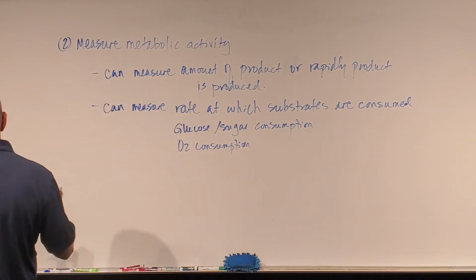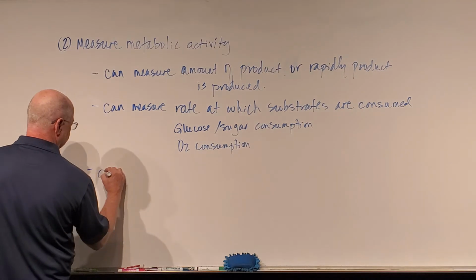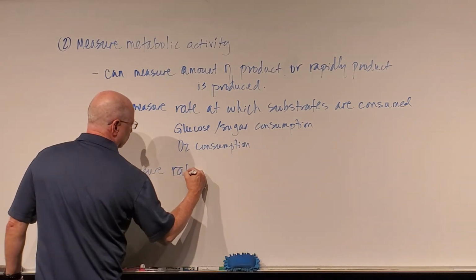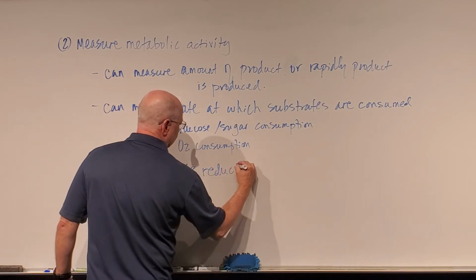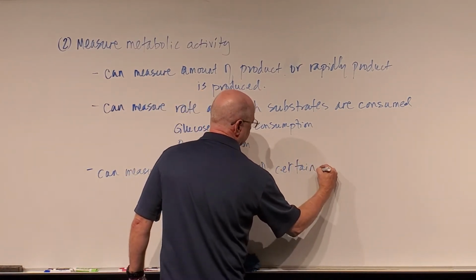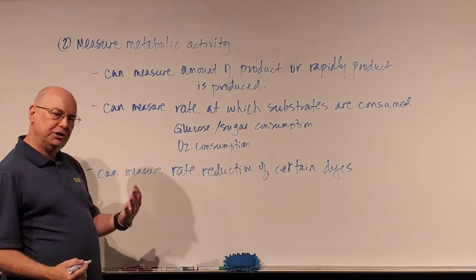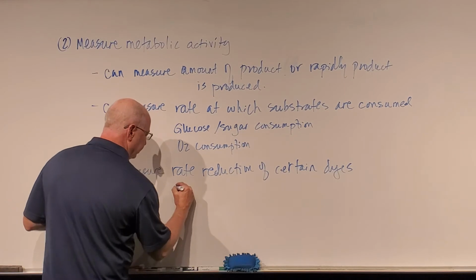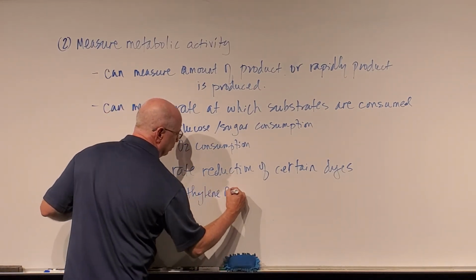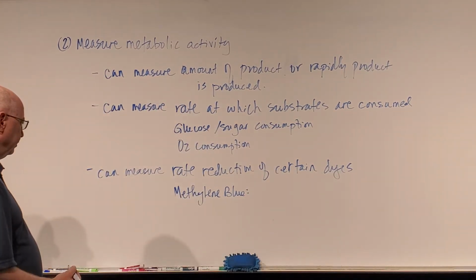And finally, a third thing that we can measure is the rate of reduction of certain dyes. If I know there's a certain concentration of a dye that gives an indication, for example, one of the dyes we can look at that is used is methylene blue. At a certain concentration, we have a certain color.